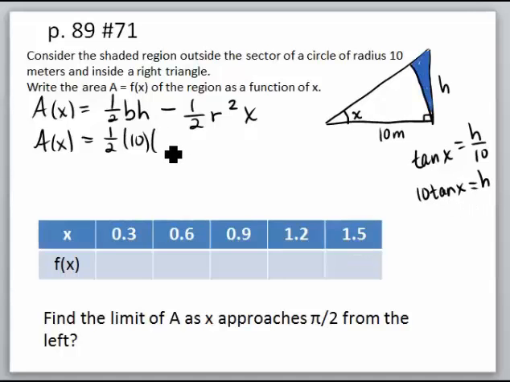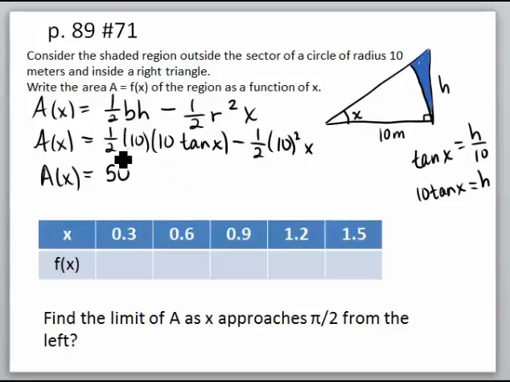So we'll write that here: 10 tangent x minus 1/2, the radius is still 10, squared, times x. So that means my area of x can be simplified into 50, 100 divided by 2, tangent of x minus, let's see, 100 divided by 2, 50x.